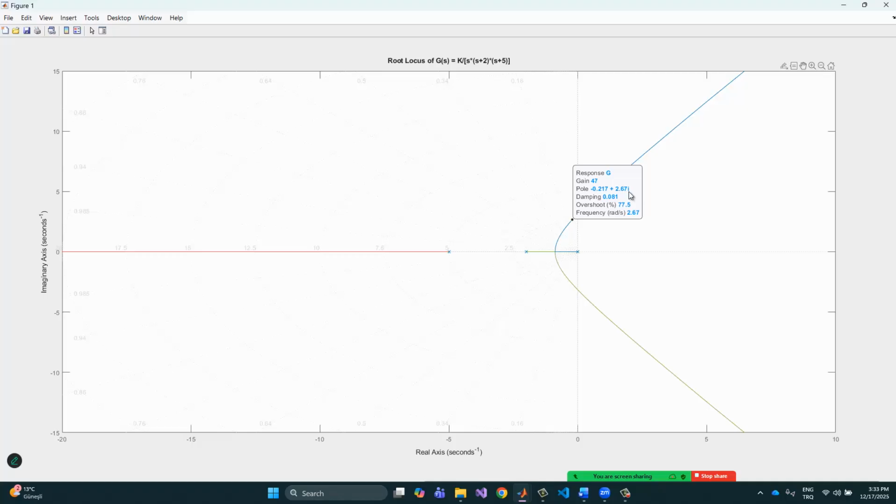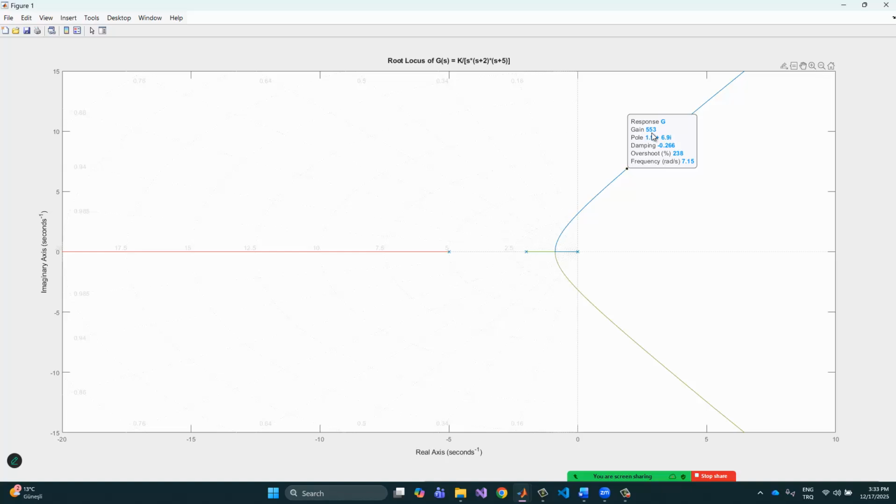This is an underdamped system, and the damping ratio equals 0.081, overshoot equals 77.5, and Wn, the natural frequency, equals this one.